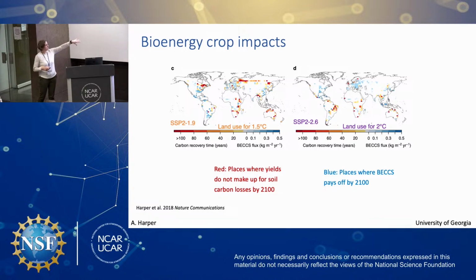There are large areas in the scenario for 1.5 degrees where you never made up that initial loss of soil carbon. This was before we had the parameterization for miscanthus, but I had 5 other DGVMs run the same set of experiments and had generally the same conclusion. So I'm fairly confident that there are some places where we should just leave forests intact. But we also need to be better able to model this stuff.